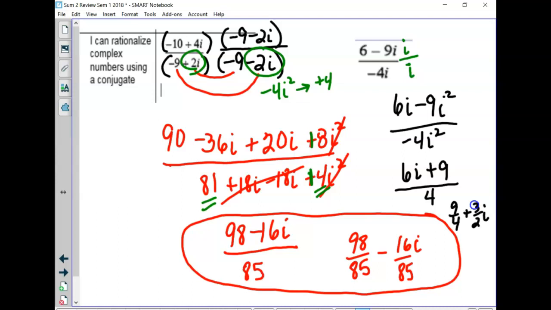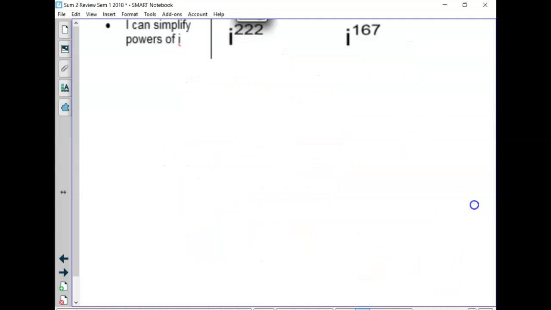All right, imaginary is good, except for powers of i. Do you remember how this goes? Okay, if the exponent is even, we can just divide out a 2. How many times does 2 go in there? And I can remember i squared is -1. So -1 times itself 111 times. If you're going to use your calculator, you've got to use parentheses. Should be -1.